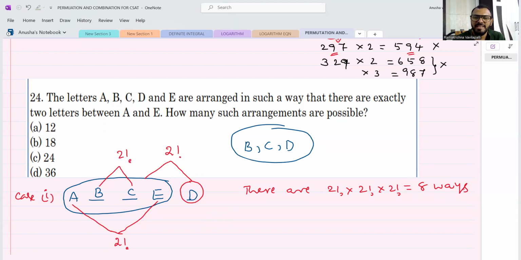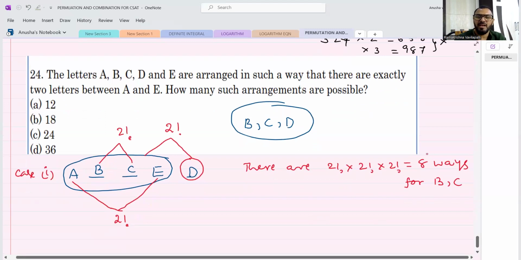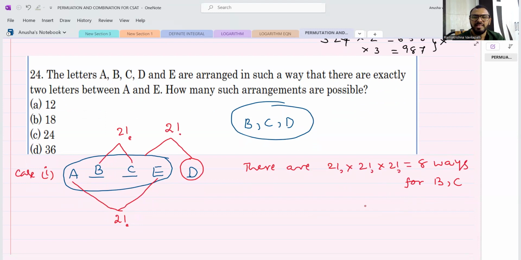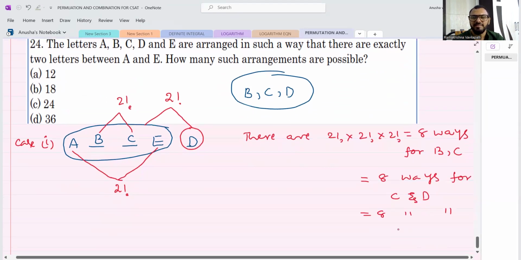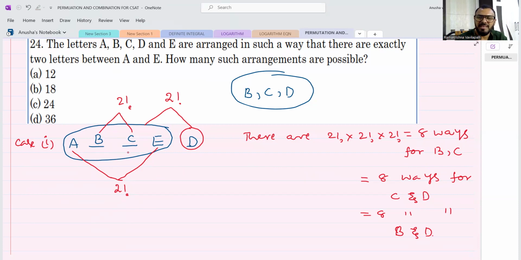There are 8 ways if the middle two letters between A and E are B comma C. Similarly, there are 8 ways for C and D, and 8 ways for B and D. So these middle places can be BC, CD, or BD.